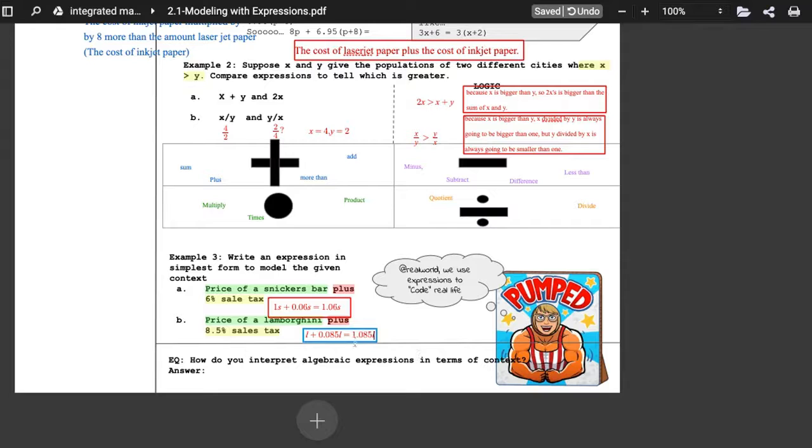Again, the 1 just comes from the 1L that I have here. And that is our answer. So our question today was, how do you interpret an algebraic expression in terms of the context? Hopefully now you have a better idea of how to do that, and you're ready to try some problems.